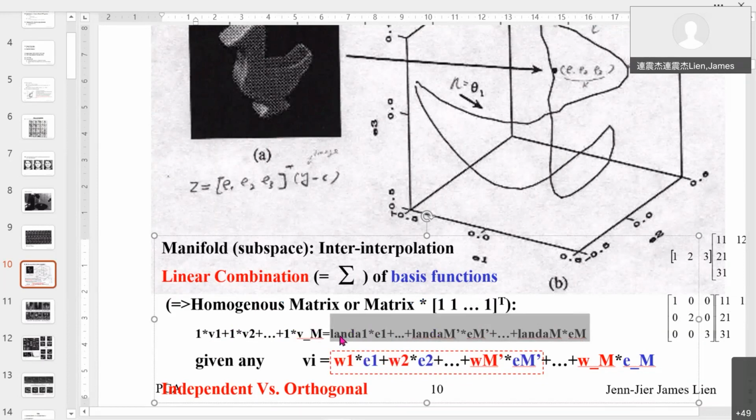So each one is eigenvalue times eigenvector. Eigenvector 1, eigenvector 2, until eigenvector n.